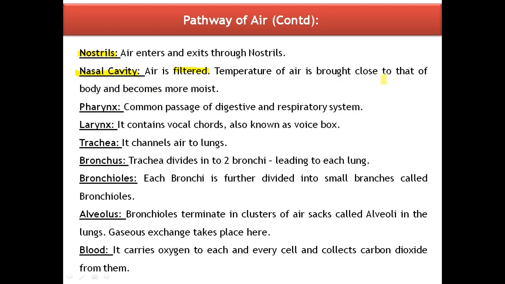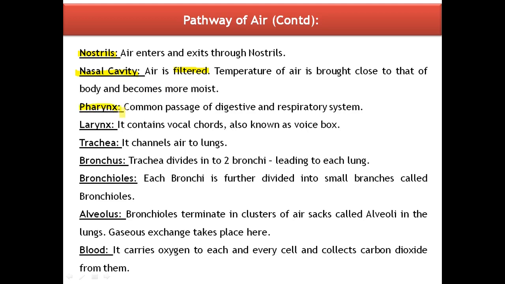The fine dust particles and bacteria in the air stick to the mucus present in the nasal cavity. Then the temperature of inhaled air is brought closer to that of the body temperature, and it takes up more water vapor and becomes more moist than before.